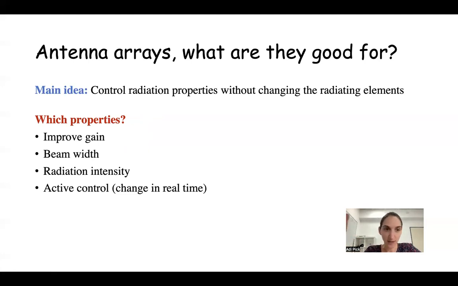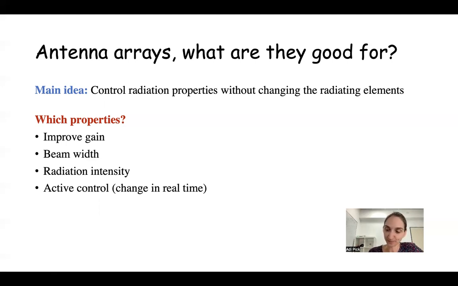For example, we can improve the gain, the directionality of the array, or achieve a narrower beam width, increase the radiation intensity, and also achieve active control. So we can basically change, for example, the direction of maximum radiation from one side to another in real time. All these things can be achieved with antenna arrays in a very elegant way.